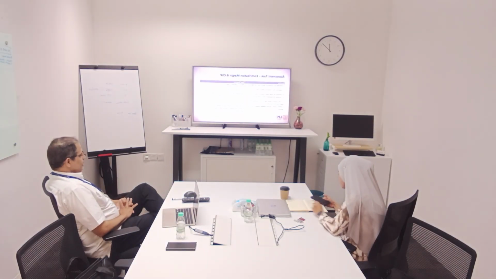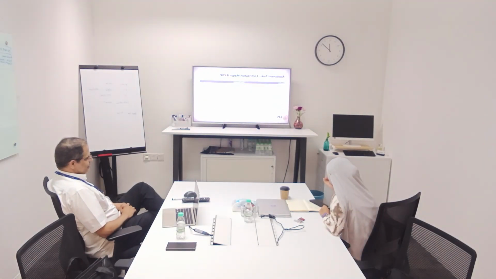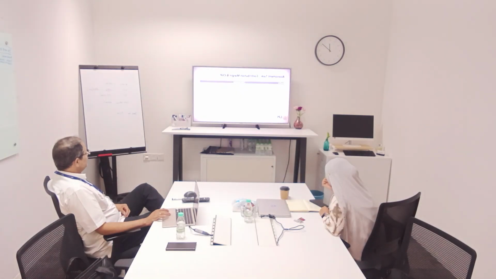Now number 5 is the opposite. If you want to make 60,000 profit, how many units do you have to produce? You reverse it: fixed cost plus profit, divided by the contribution margin.